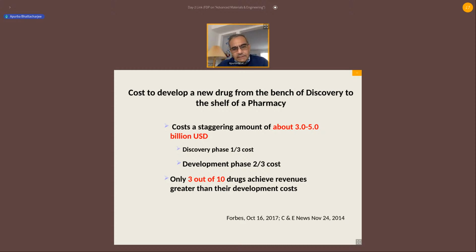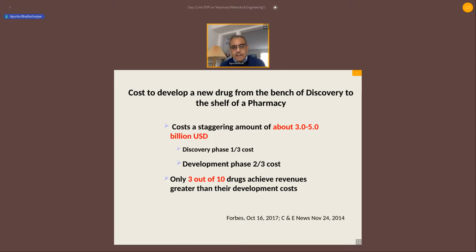Now, development is the process where most of the drug molecules fail, and attrition occurs because of bioavailability, toxicity, and various other problems associated with the drug. So phase 1, phase 2, and phase 3, these are the three different clinical trials where most of the money is spent.